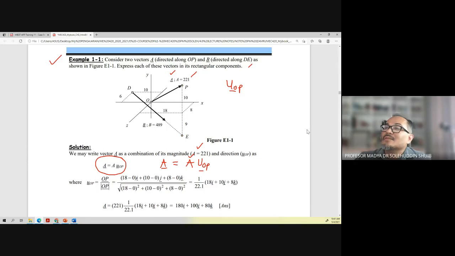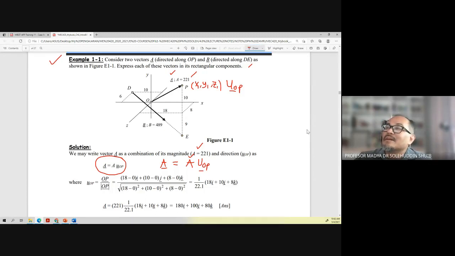So you need to know from OP. This is 0, 0, 0, and this is position P. So you write this down. What is position P here? Remember x1, y1, and z1, which are 0, so minus.